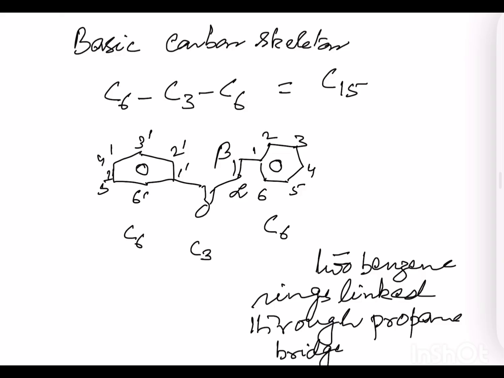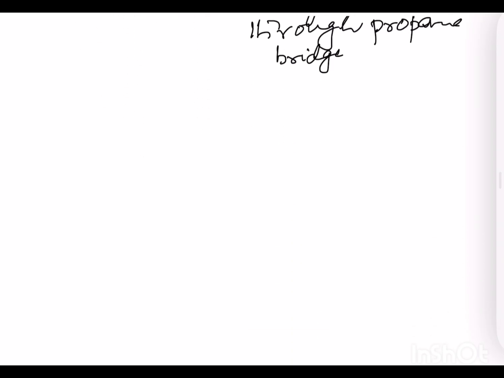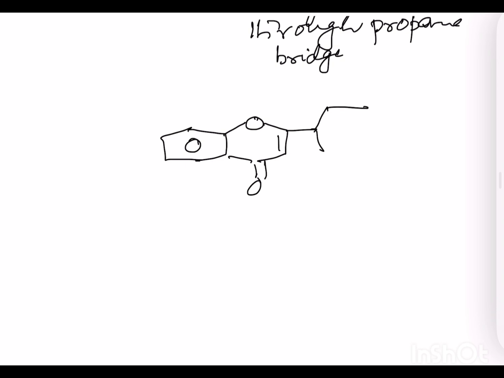While in the case of the flavone, it is numbered something like this. This is the case 1, 2, 3, 4, 5, 6, 7, 8, and this is your 1 dash carbon, 2 dash, 3 dash, 4 dash, 5 dash, 6 dash.